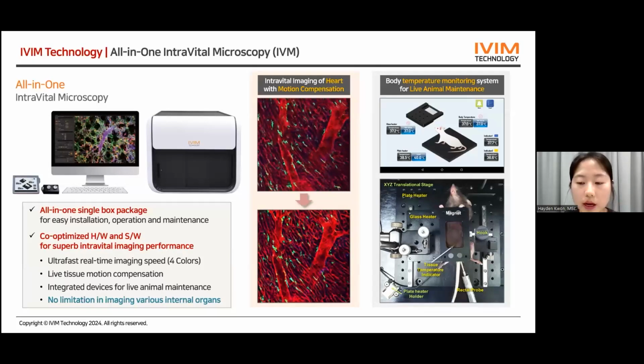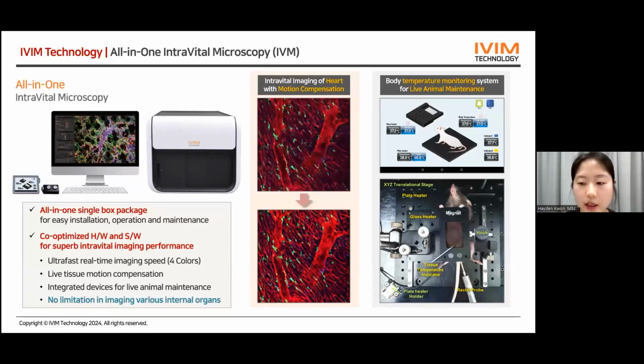The all-in-one single box package enables easy installation, operation, and maintenance. It has co-optimized hardware and software for superb intravital imaging performance with ultra-fast imaging speed up to 100 frames per second. Thereby, we can even capture fast dynamics such as the red blood cells flowing inside of the blood vessels.